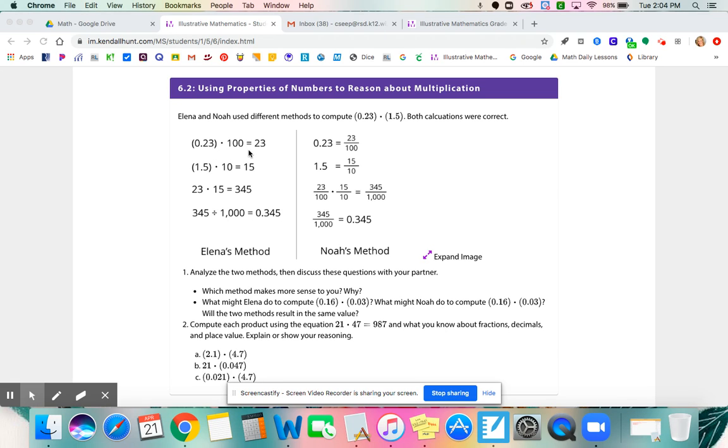So 0.23 times 100 is 23. Elena didn't want 1.5, and so she times it by 10 to move her decimal one to the right to get 15. And she said, okay, 23 times 15, that's a number I'm more comfortable with. Multiplied out 23 by 15 to get 345.